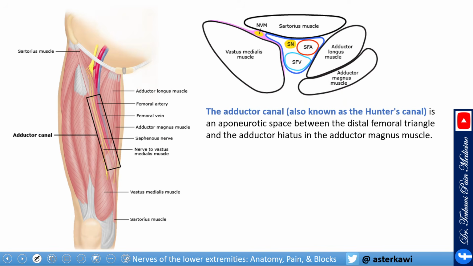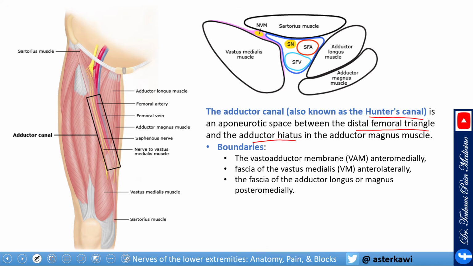So what's the adductor canal? Also known as the Hunter canal. It's an aponeurotic space between the distal femoral triangle and the adductor hiatus in the adductor magnus muscle. So the boundaries, as you see from above, you have the sartorius muscle. From lateral, outside, you have the vastus medialis. And from inside or medial, you have the adductor longus and adductor magnus.